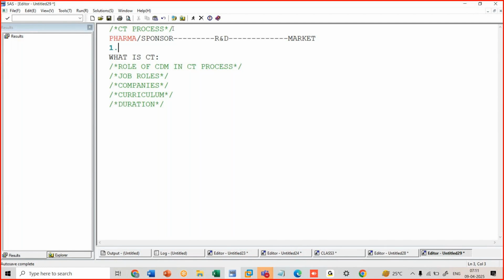So the first step is preclinical trial, also called non-clinical trial. Some people will call it phase 0, but actually preclinical is not phase 0. Phase 0, we have in clinical trials only. In the first phase, it's called phase 0.